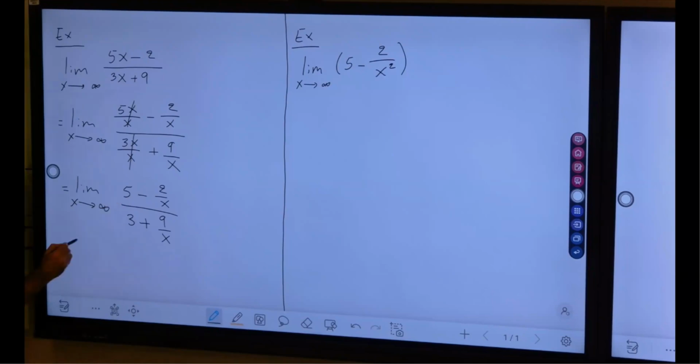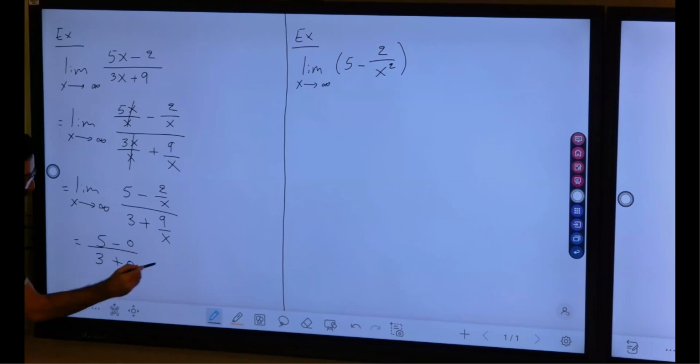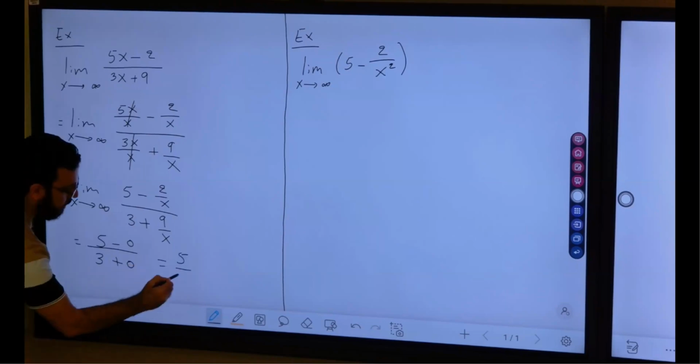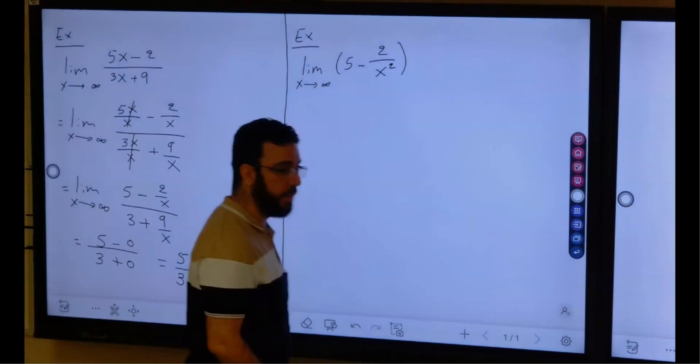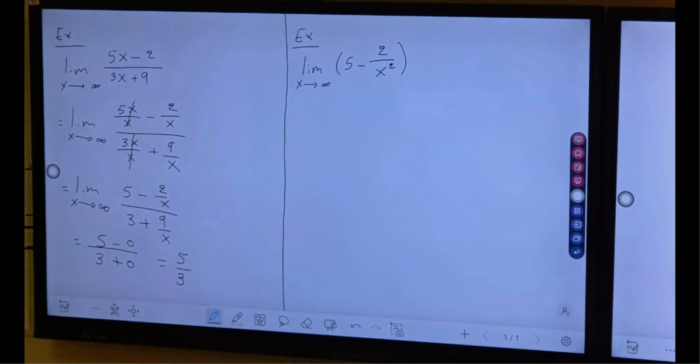So that means here's 5 minus. The limit for 2 over x is what? 0, and the same thing for 1 over x. So the limit here is going to be 0 over, the limit for the constant 3, and the limit for 9 over x is going to be 0. So then the result is going to be 5 over 3. That's it. That means the limit for the whole thing goes where? To 5 over 3.